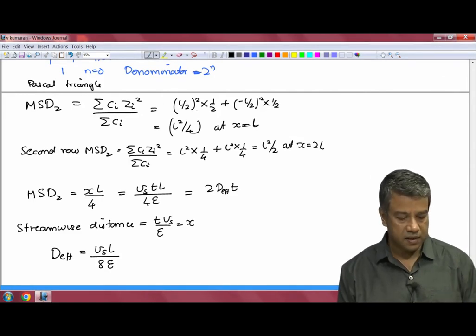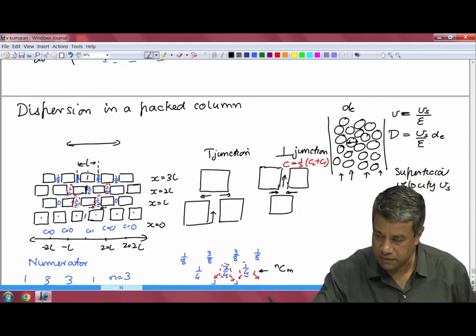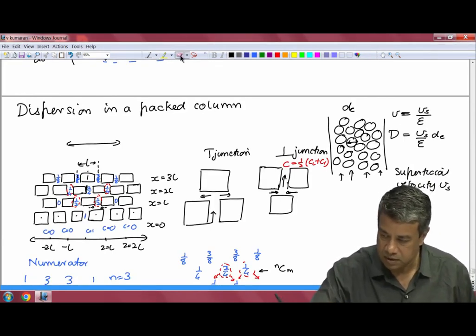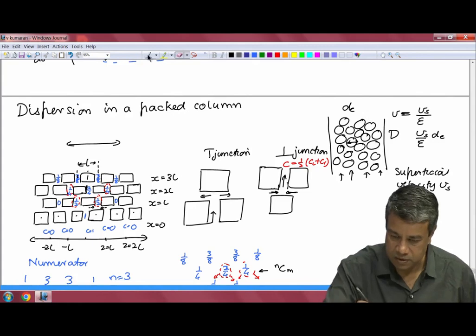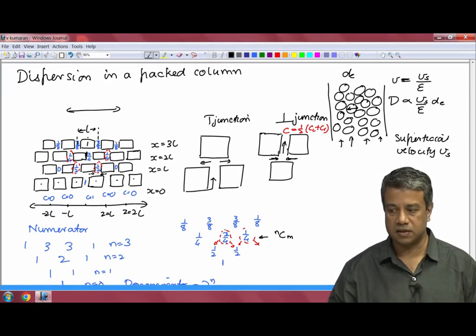I had started off saying that just based upon dimensional analysis, we had said that the diffusion coefficient is proportional to, not quite equal to, proportional to Vs into the equivalent diameter by epsilon. From dimensional analysis, you only get proportionalities, you do not get exact relationships.